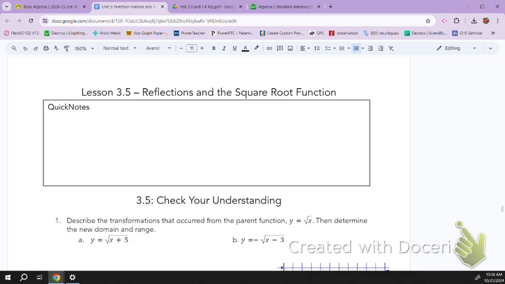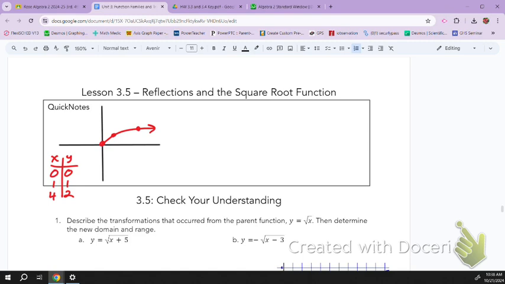Negative inputs. So let's just sketch a parent graph. If you weren't here Friday, a parent graph is like the original. Okay, and I'm going to focus on these 3 points. The square root of 0 is 0, the square root of 1 is 1, the square root of 4 is 2. Those are always the easiest 3 points to graph.